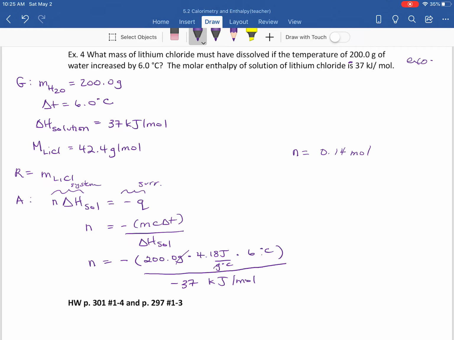All right, and lastly, I know after doing my math, so grams cancel, degrees cancel. I made a mistake, and I'm glad I made that mistake because now you can see. Take a look here. This is kilojoules. This is joules. We've got to change, so I'm going to do that right now.